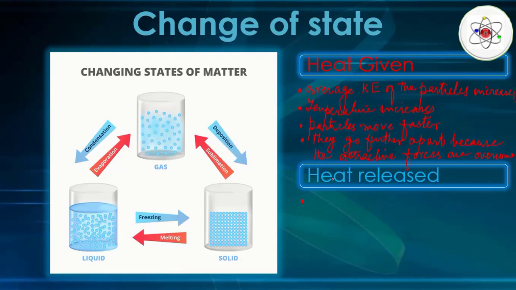When the temperature of the particles decreases, eventually particles will start moving slower. When particles move slower, they come closer to each other.